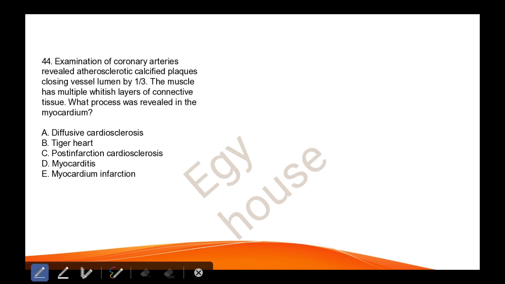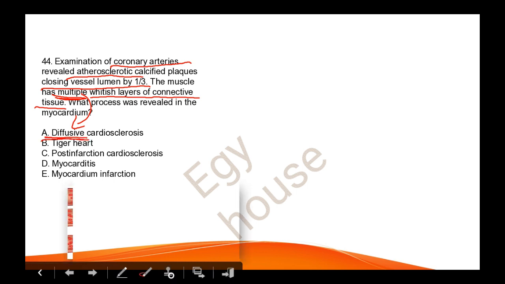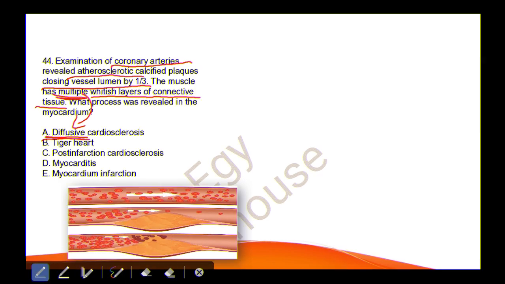Now we have an atherosclerotic plaque present in the coronary arteries, and it closed the lumen. As a consequence, we had multiple whitish layers of connective tissue. Of course, this multiple will help you remember that it's diffuse. Let me show you what an atherosclerotic plaque looks like.